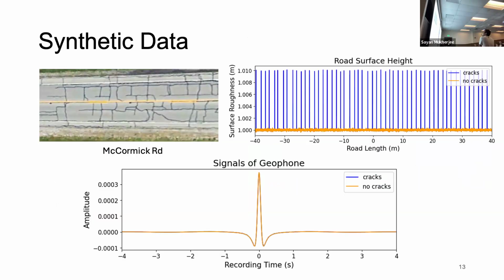Then we did another numerical experiment according to the McCormick rule, where these cracks are denser than before, and also there is no obvious difference between the two signals.